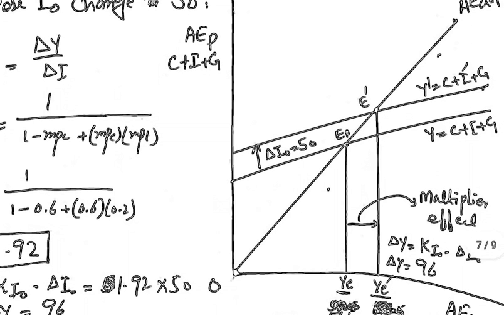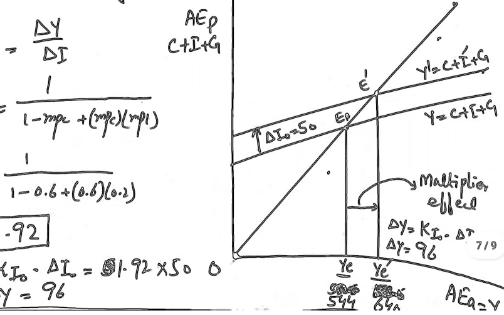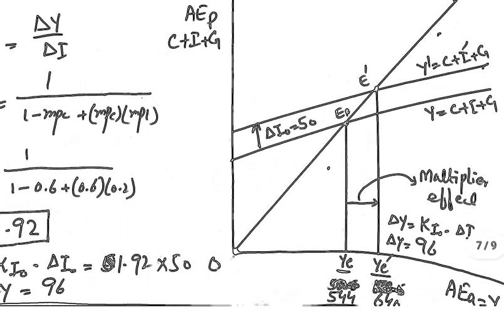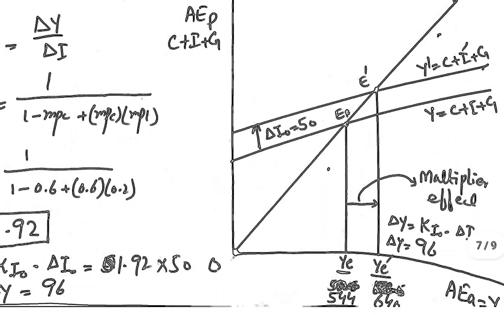Here we see that the initial equilibrium was at E naught, where the national income was 544 billion, as we have calculated previously. The change in investment of 50 billion rupees shifted the planned expenditure curve upward, and the new equilibrium occurs at E prime, where the national income has increased from 544 billion rupees to 640 billion rupees, a net increase of 96 billion.